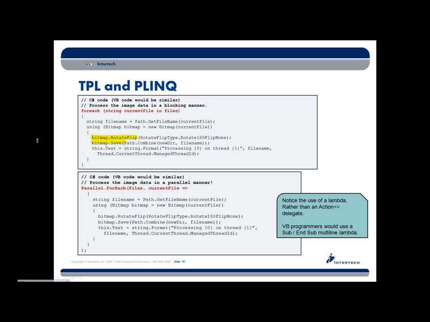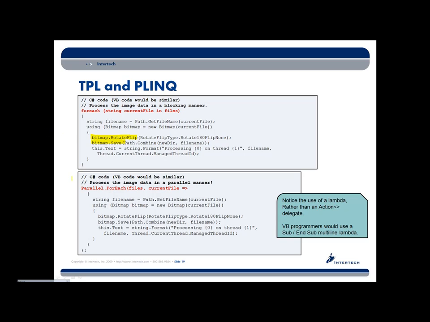So if I had a folder on my hard drive that had maybe 500 photos, which is not unheard of, and if I were to execute the top code block, my application could definitely be hanging for a long time. That would be 500 image files that would have to open up, rotate the image data, and then save it out to a new location.